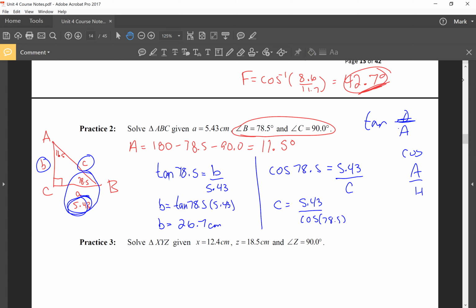By the way, guys, if you want to find C using Pythagorean theorem, absolutely perfect. Not a problem. You could use Pythagorean theorem here. But I'm just going to divide 5.43 over cosine 78.5, and I get 27.2.